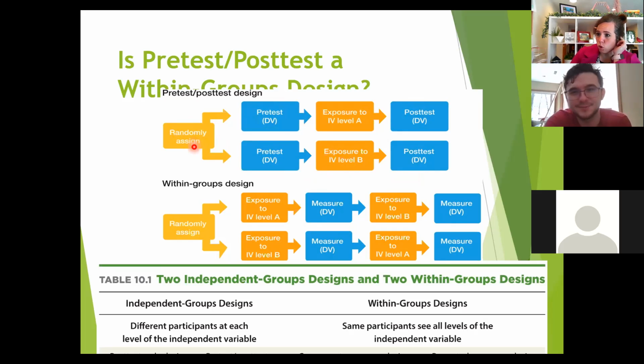A within group design would be you randomly assign them, you give them level A of your independent variable, do a measure, then you do level B and do a measure, and then you swap it here. So you control for order effects. Okay. So that would be the difference between the two. I feel like I showed you guys a slide that was very similar to that.